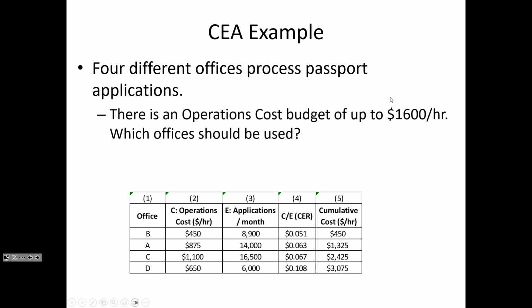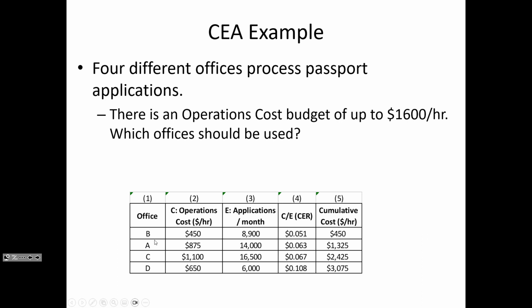So here is a budget limitation, $1,600 per hour. So we've got a budget limit. So which offices should we have open if we can only spend $1,600 an hour? Well, in that case, if our limit is $1,600, then we can open B and A. And we'll maximize the number of applications that are processed if we have B and A open.